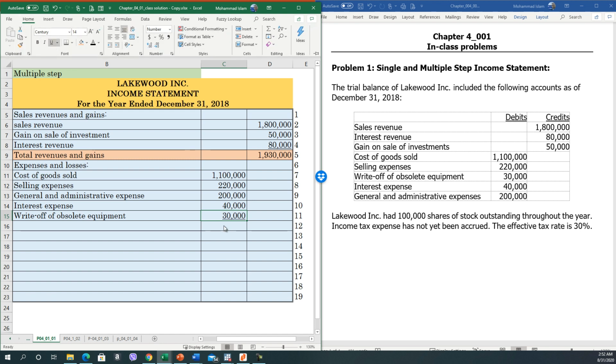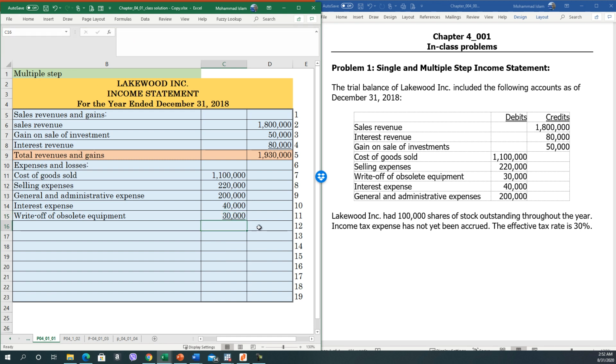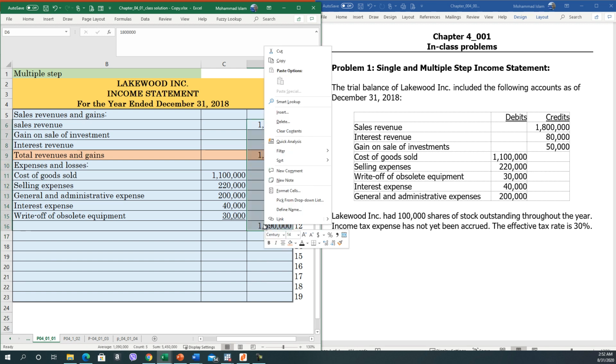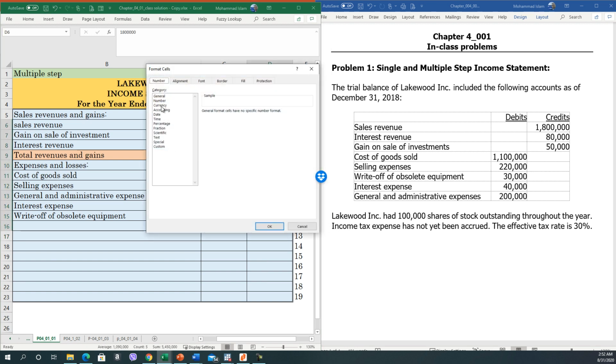So what do we do? Let's sum these up, and use format currency.